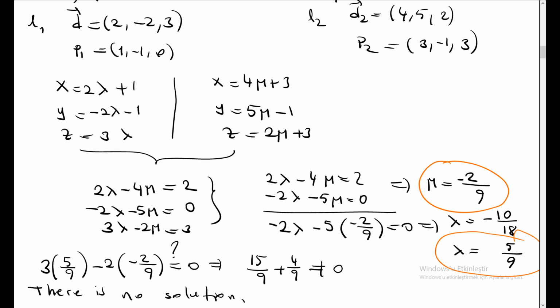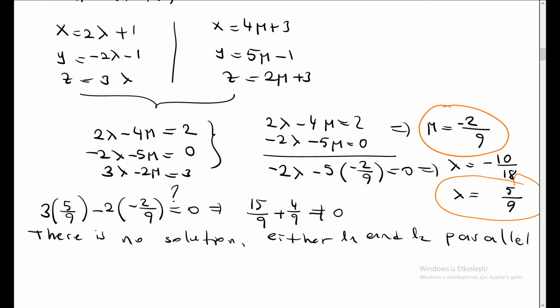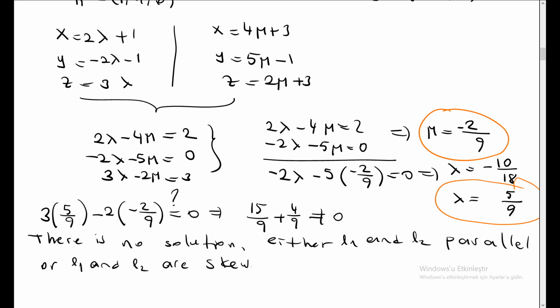So if there is no solution, either L1 and L2 are parallel, or L1 and L2 are skew. Now check D1 and D2.